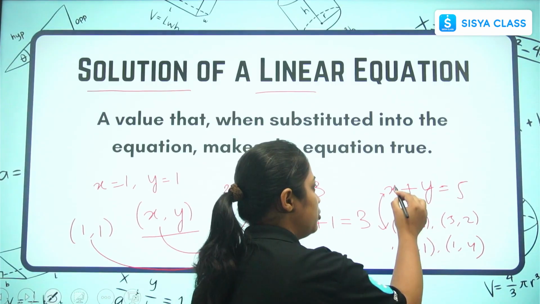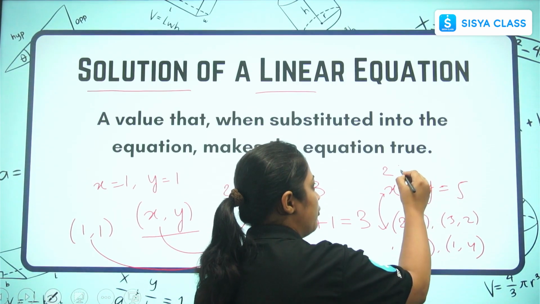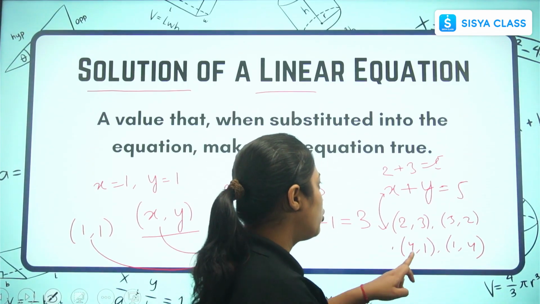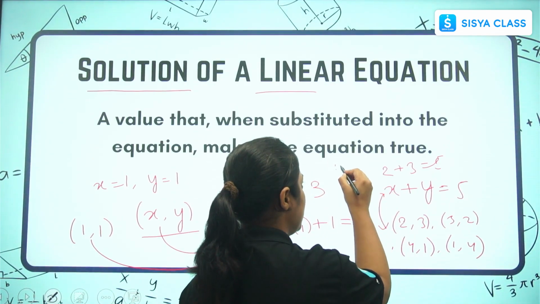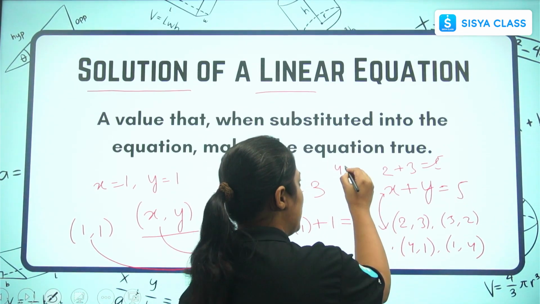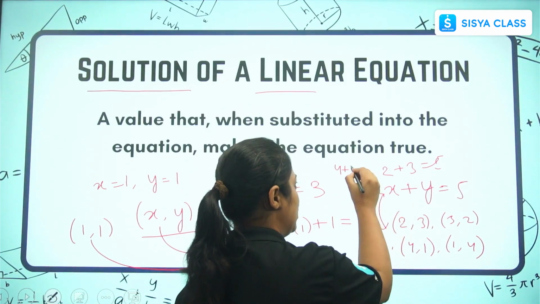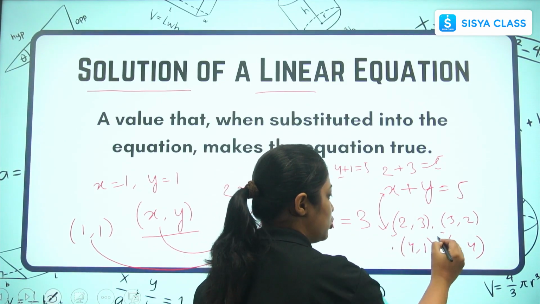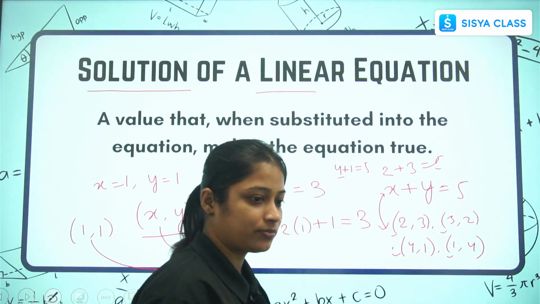If you substitute here x equal to 2 and y equal to 3, it will give you 5, right? Similarly 4 comma 1, so if you substitute here in place of x 4 and in place of y 1, then it will give you 5, right? So all of these pair are solution of this linear equation.